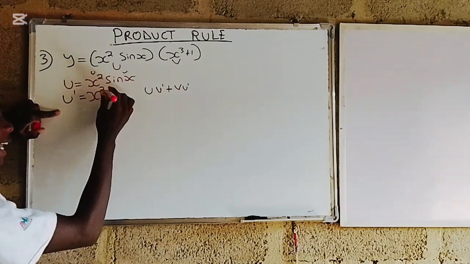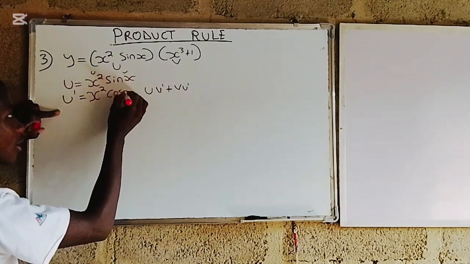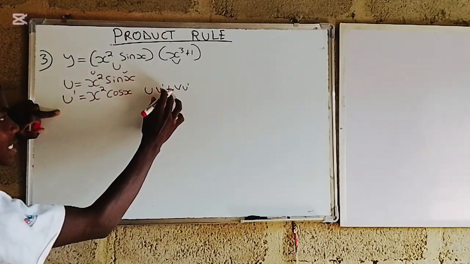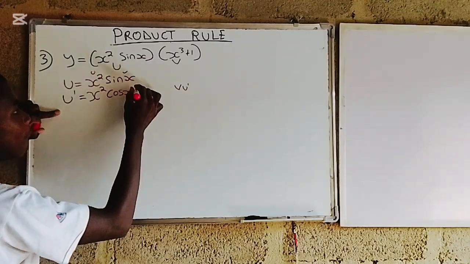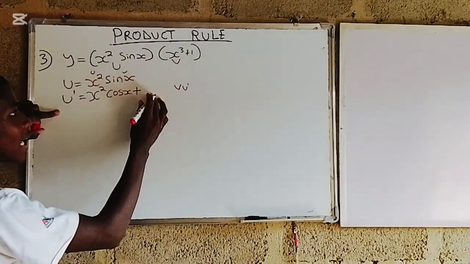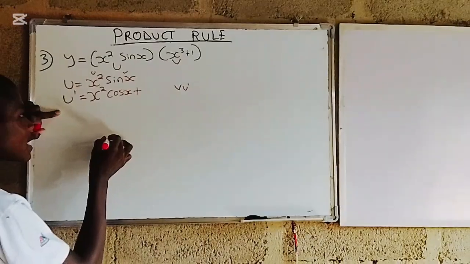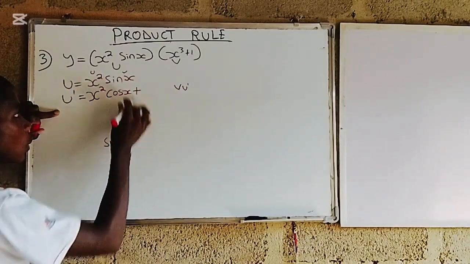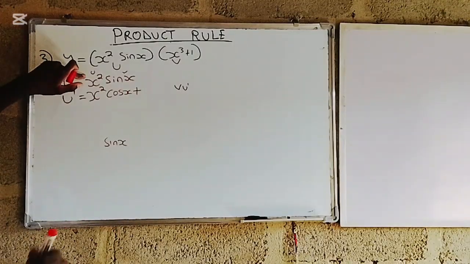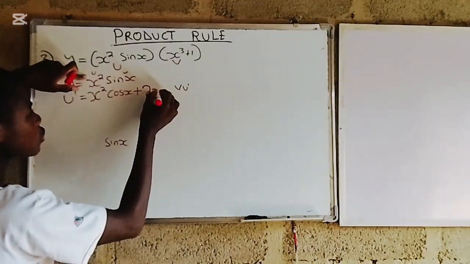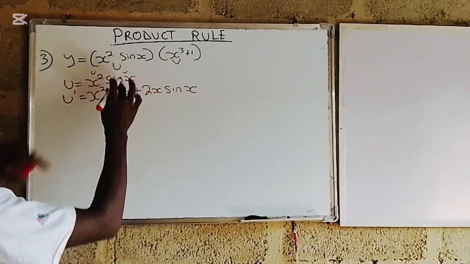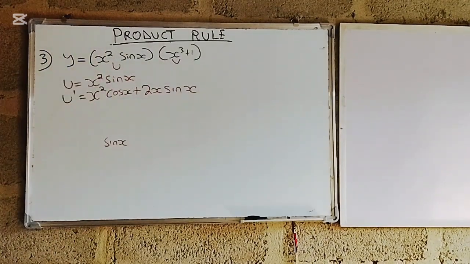If I differentiate sine x, it will be cos x. After saying that, I have to say plus the value of v, which is sine x, multiplied by u prime. This is the value of u, differentiate it. So this is the same thing as 2x sine x. So I hope you get it.